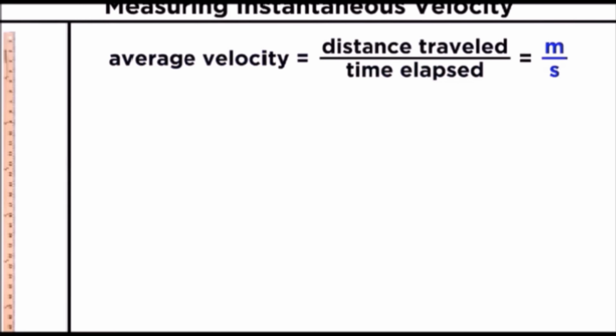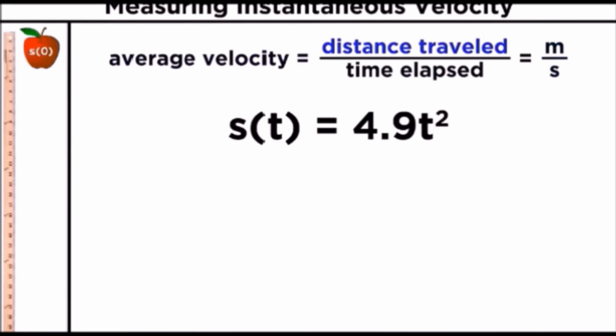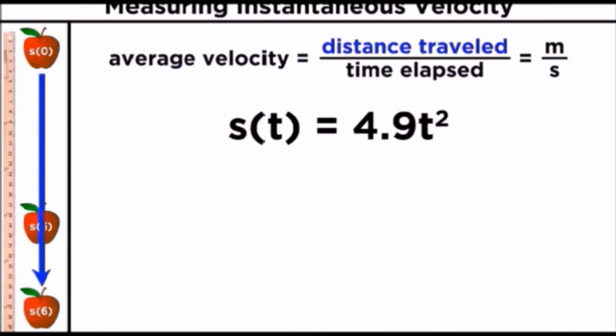Now, using Galileo's equation, we can express distance traveled as the difference between 2 points in this function. Say we use the distance traveled after 5 seconds, or the S of 5, and the distance traveled after 6 seconds, or S of 6.